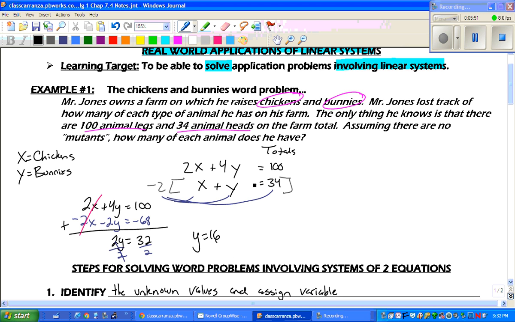Okay, so now that we got y, we can plug it in. Plug it into the easier equation. X plus 16 equals 34. Subtract both sides by 16, and we get x equals 16, or 18. Oh man, I'm making all sorts of mistakes today.